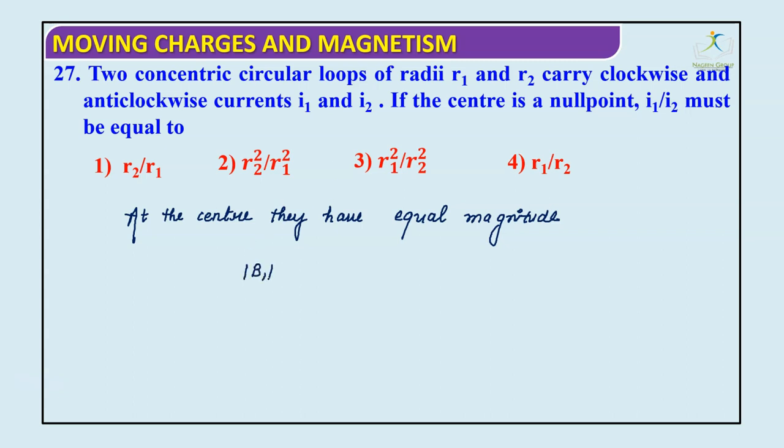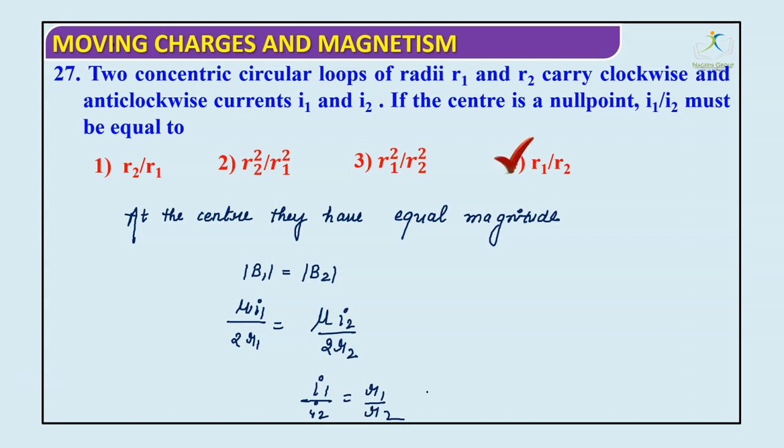So if I take the mod of both, for I1 and I2, this becomes mu I1 divided by 2R1 equals mu I2 divided by 2R2. From here we can say I1 by I2 comes to R1 by R2. From the options we can say the correct answer is R1 by R2. Hope you are able to get the solution.